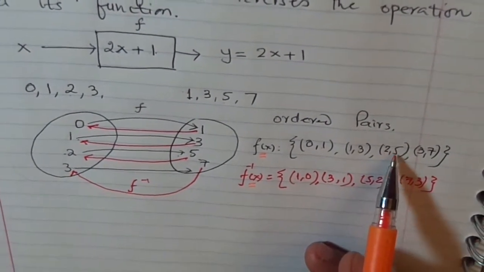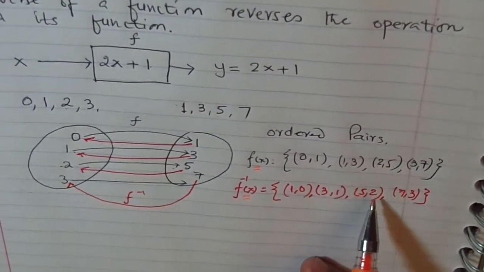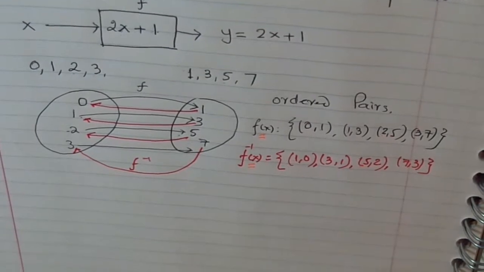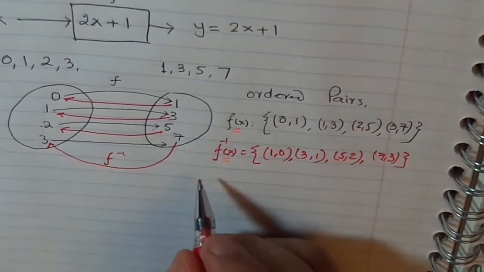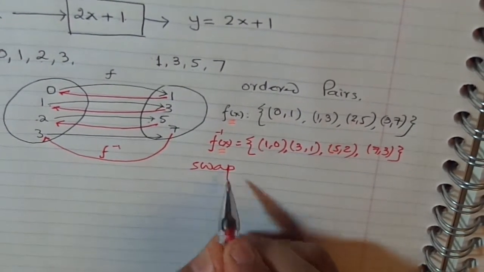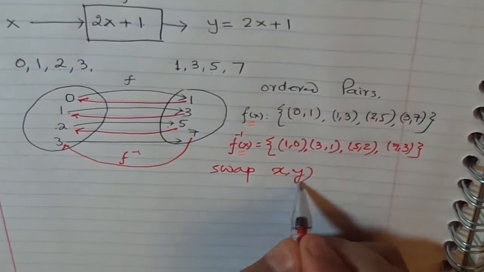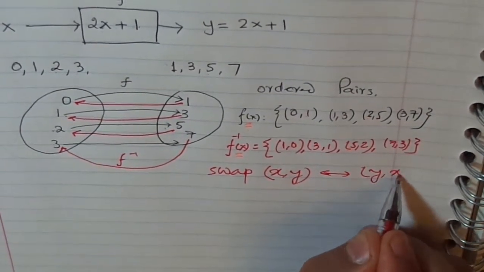For 2 to 5, the y value of 5 becomes the input value, and the output we get is 2. So from the ordered pairs, the inverse can be determined by swapping (x, y) to (y, x).